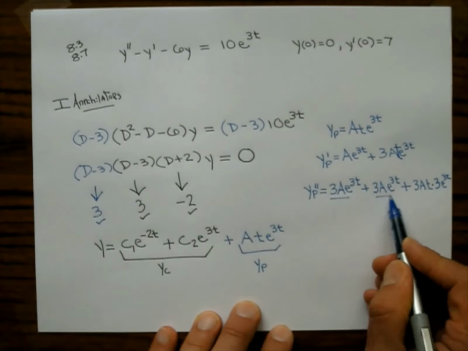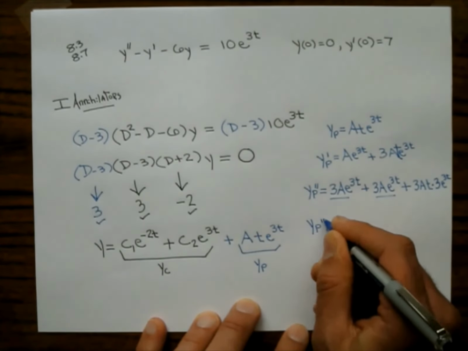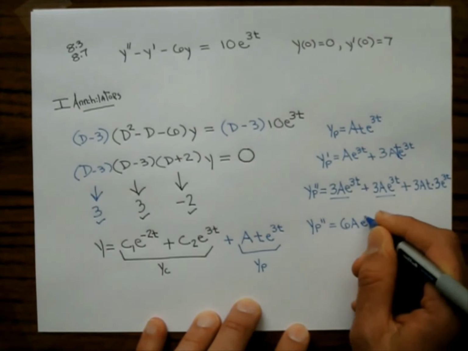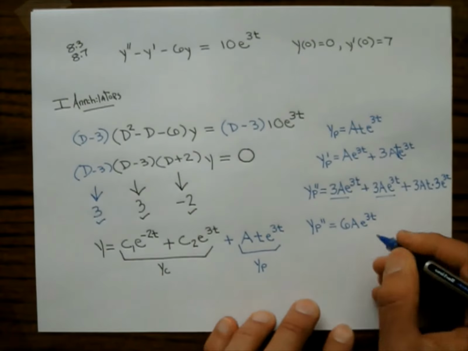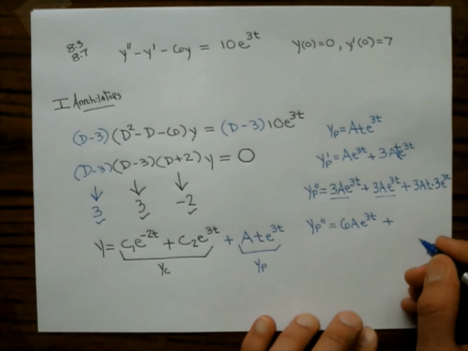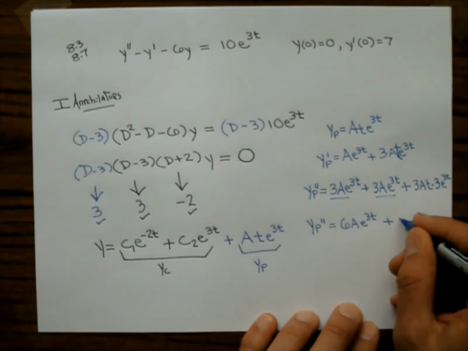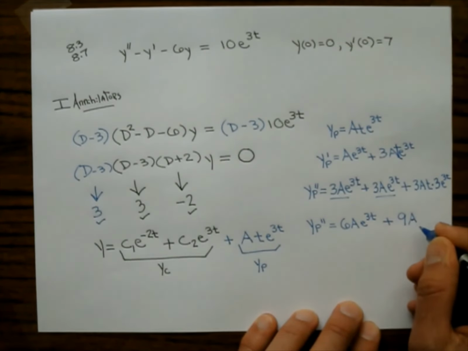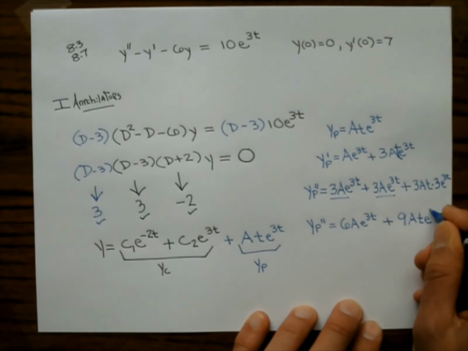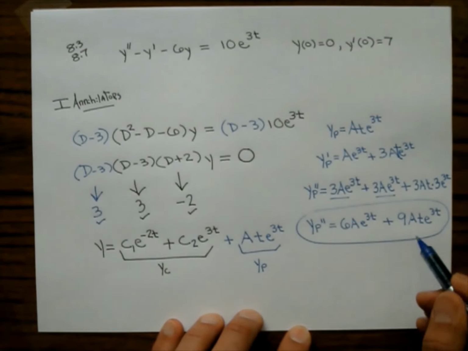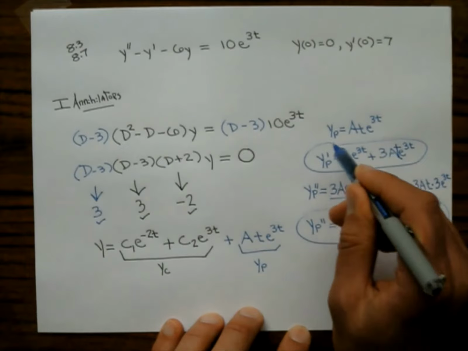Okay, there's two of these right there, so let's rewrite this as 6a e to the 3t, plus what we have here, 9at e to the 3t. Okay, so here we have this one, this one, and that one right there.